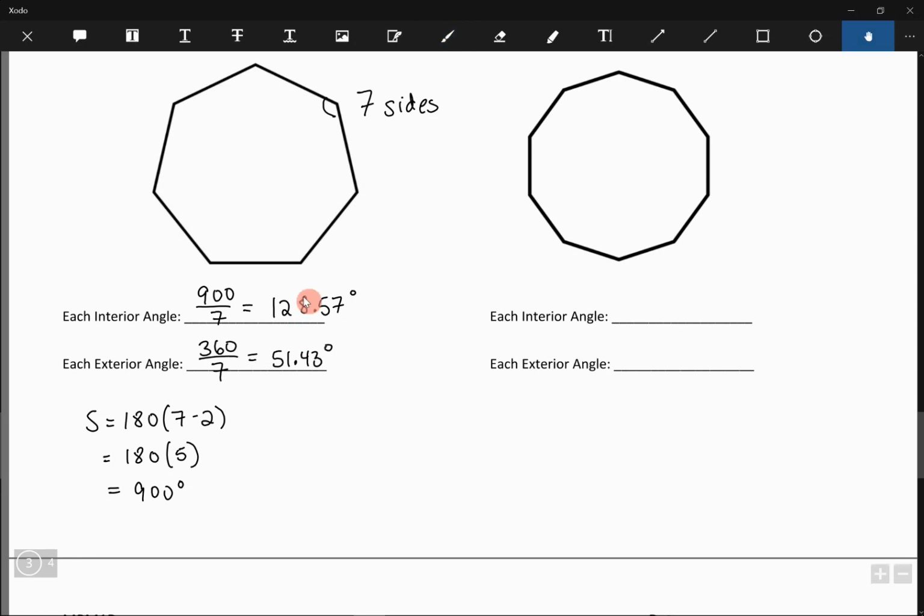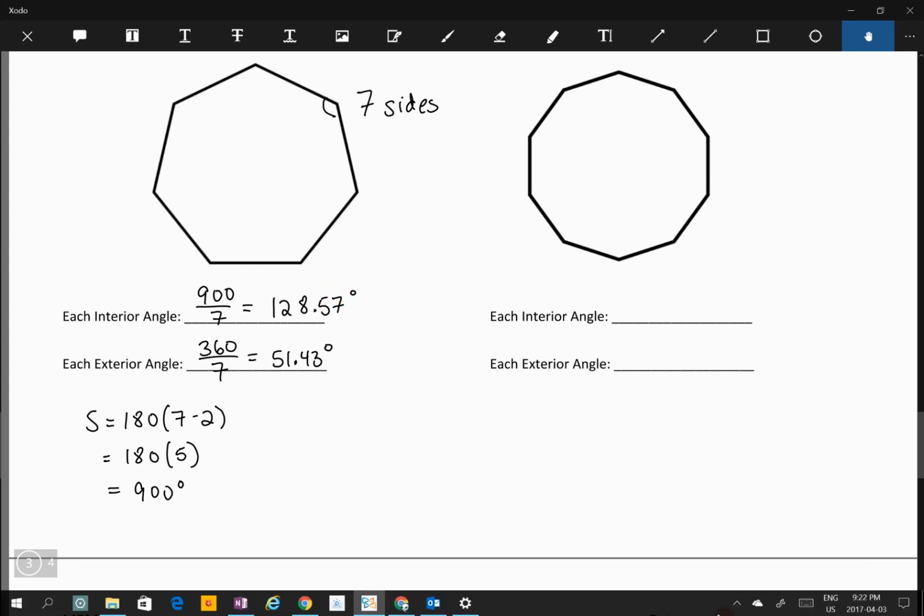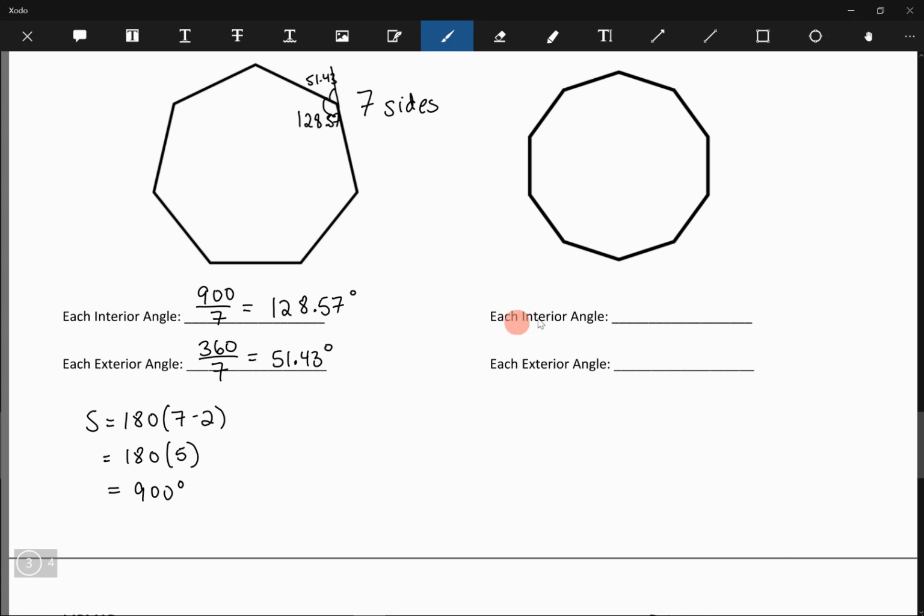By the supplementary rule, I know that the interior angle is 128.57 and the exterior angle is 51.43, so you can do a quick check. Both of these angles should add up to 180 degrees. So I'm going to circle these two and say these should sum to 180 degrees.